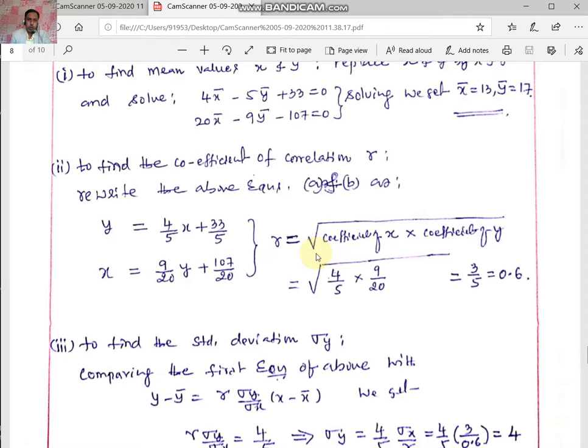Now to find the correlation coefficient, the formula is R equal to square root of the product of coefficient of x and coefficient of y. That is root of 4 by 5 into 9 by 20, which simplifies to 3 by 5, nothing but 0.6. So this gives the correlation coefficient R value when lines of regression are given.